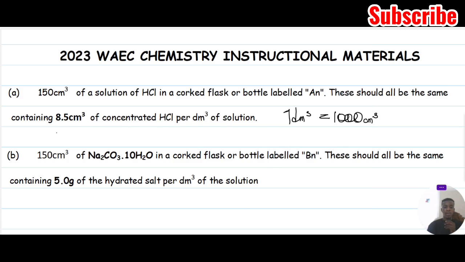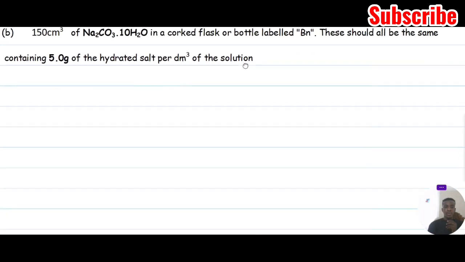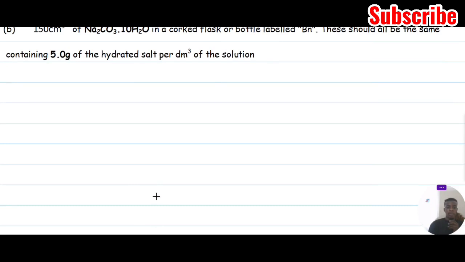So we'll start by calculating our various concentrations before we go over to the practical proper. The first one we'll be dealing with is the acid, measuring 8.5 cm cube of HCl and diluting to 1000 cm cube with distilled water.